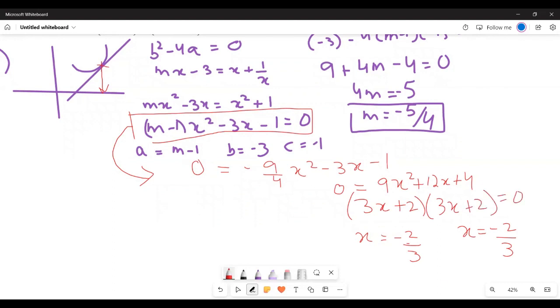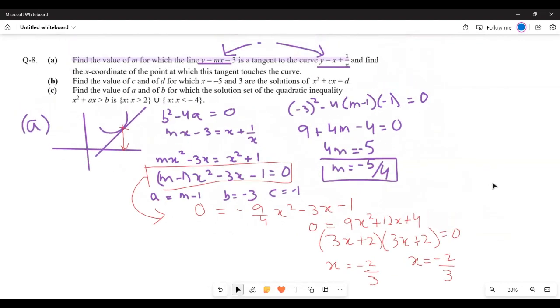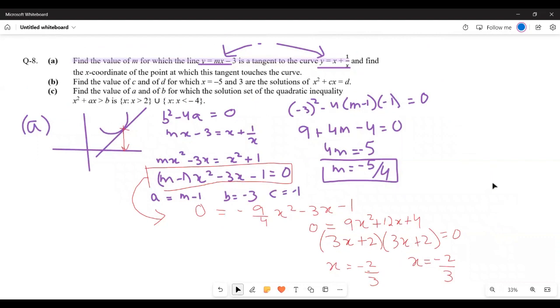I've done it in reverse, but you can also use proper method of factorizing this using middle term breaking, or you can use quadratic formula properly to get the value of x at the point of intersection. Okay, so we're done with part A.